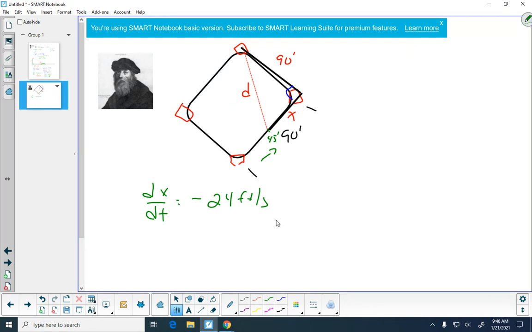So we're looking at this distance, so what would be the Pythagorean equation?